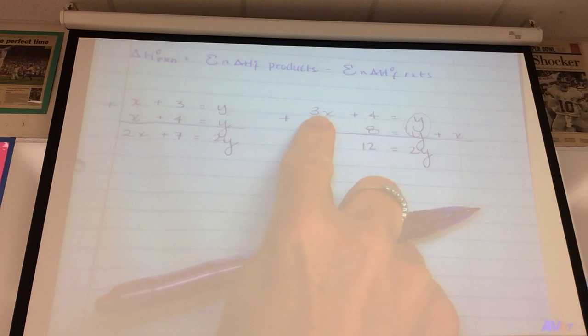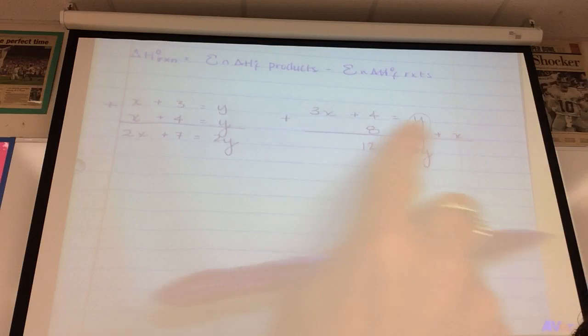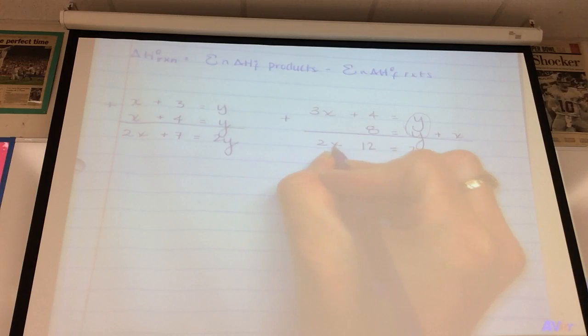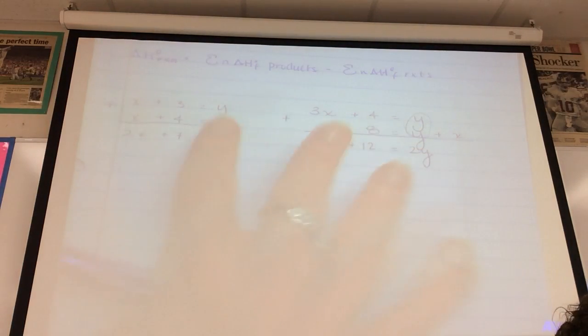Here, because these two variables, which are the same, are on different sides of the equation, we would subtract them. Whichever side has more keeps it on its side. So 3x minus 1x is 2x. All right? Very simple algebra, and you're going to see the same thing here.